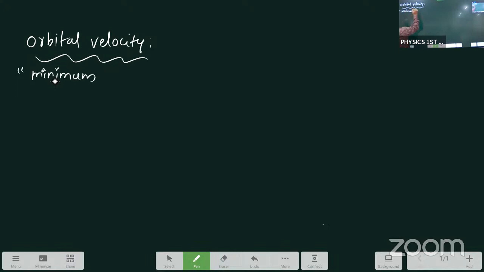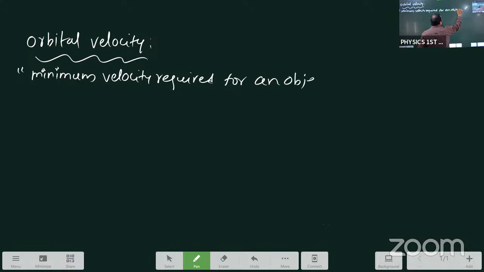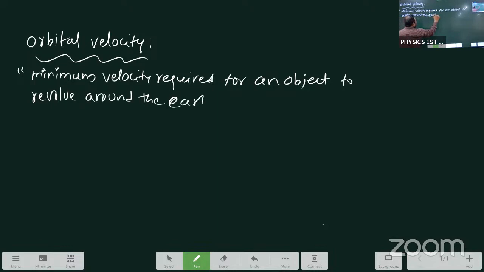Minimum velocity required for an object to revolve around the Earth, nothing but the gravitational field.